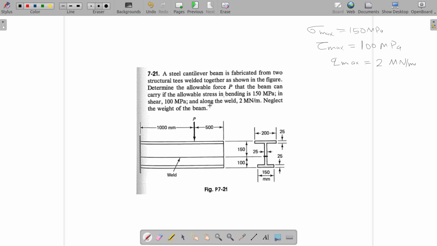And the maximum values of bending stress will occur at the topmost point and bottommost point.